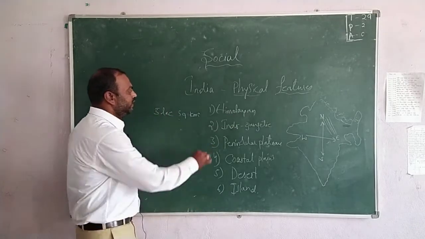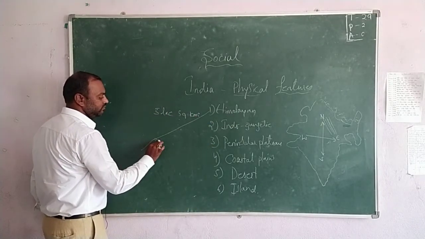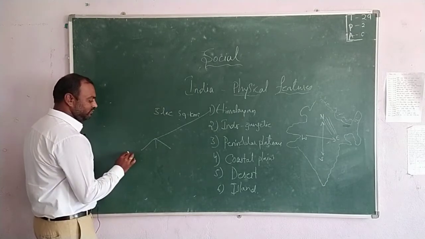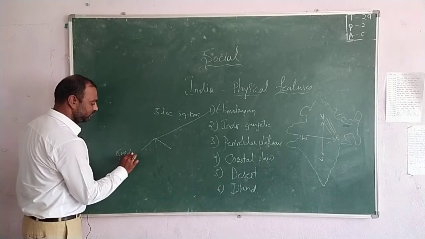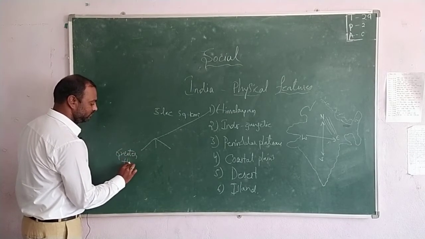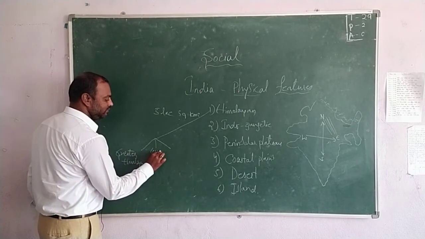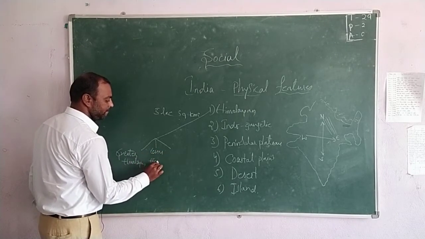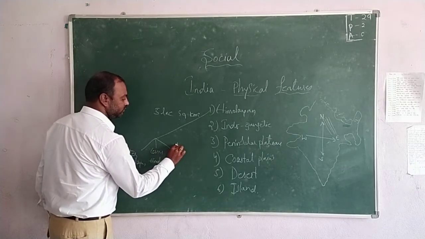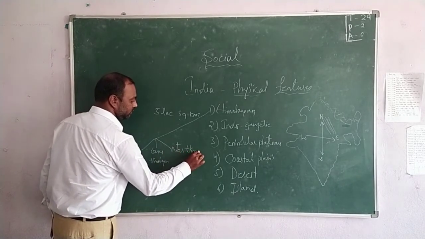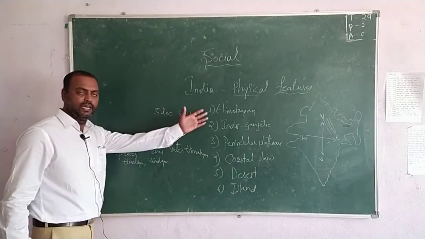These Himalayan mountain ranges are further divided into 3 ranges. The first one is Greater Himalayas. Second one is Lesser Himalayas. And third one is Outer Himalayas. These are the 3 ranges into which the Himalayas are divided.